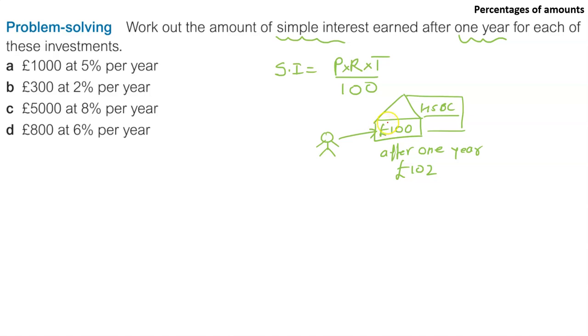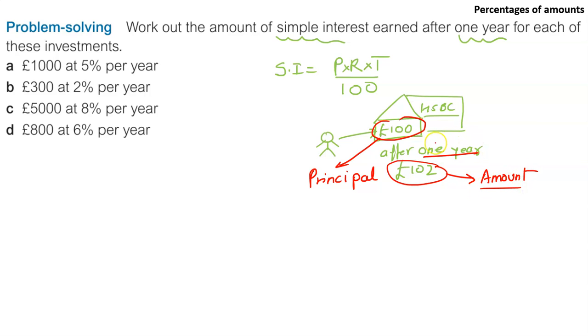Okay, so what it is here, so I can explain you now with the help of example. The amount he has deposited, that is called principal. After 1 year, whatever amount you are getting, that is called amount. And this 1 year is time. Okay.